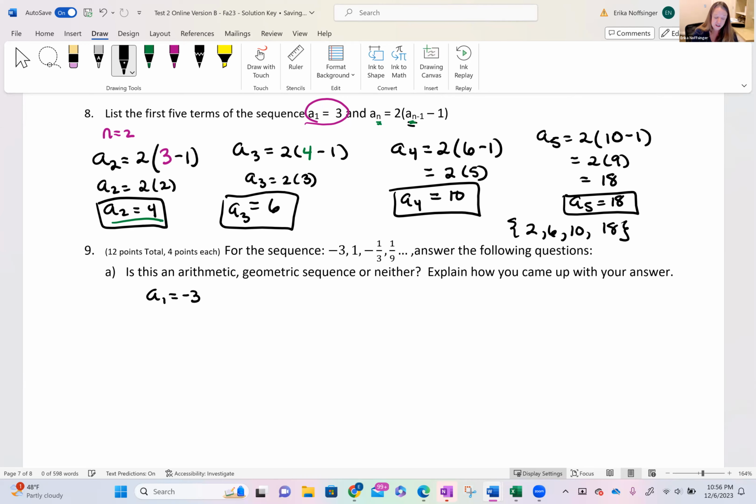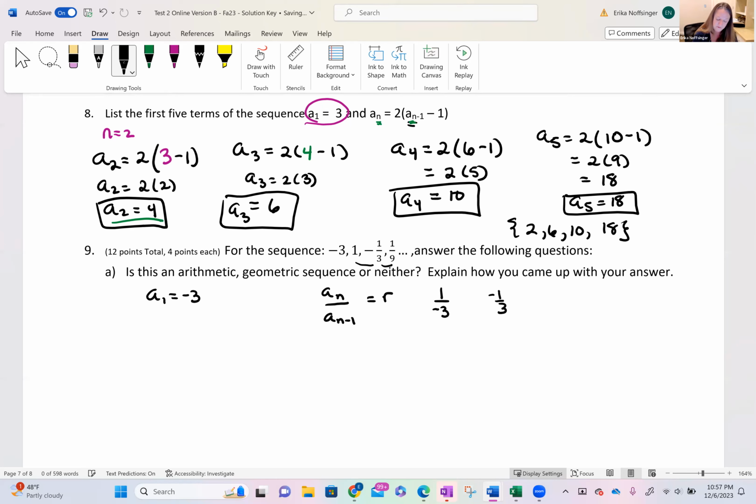If it is geometric, then if we take a term divided by the term right before it, this is always going to give us the same constant r. And so if I look at the second term divided by the first term, I get -1/3. If I look at the third term divided by the second term, -1/3 divided by 1 is also -1/3.